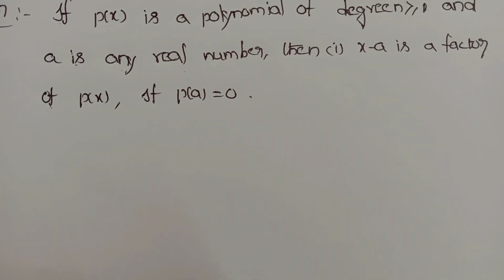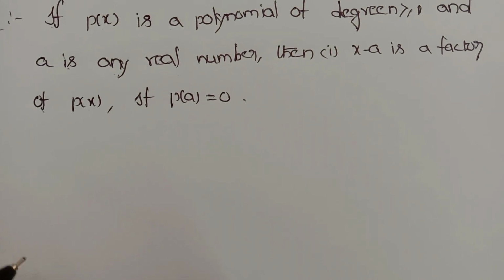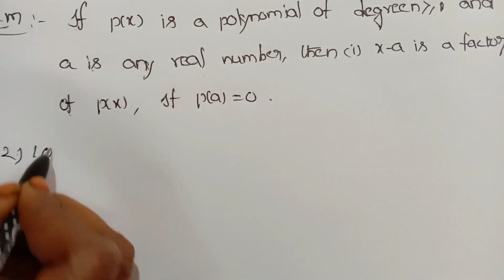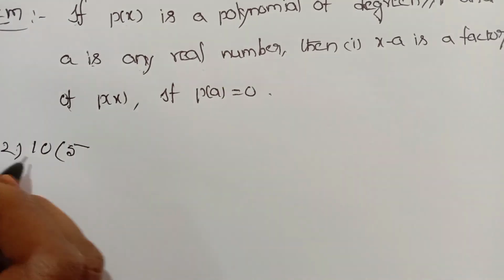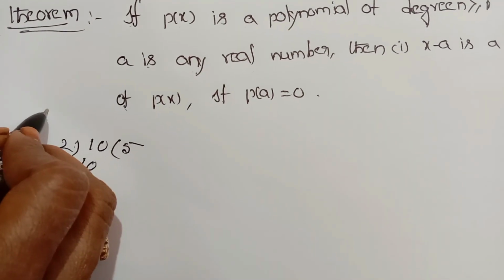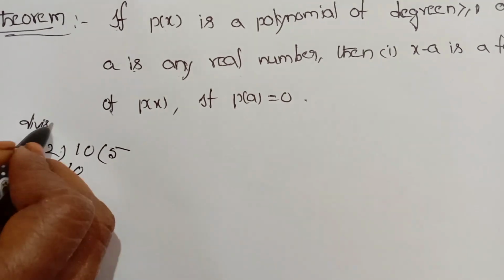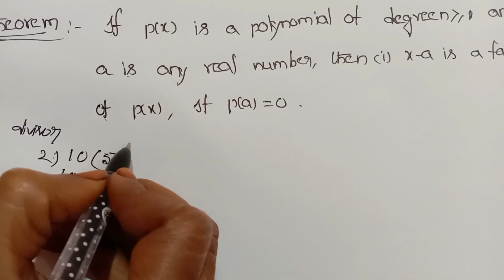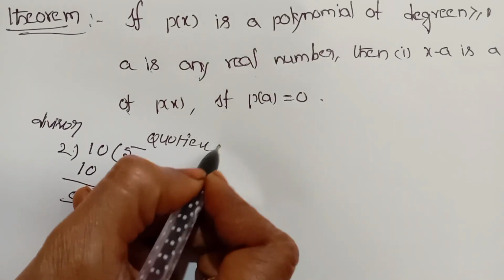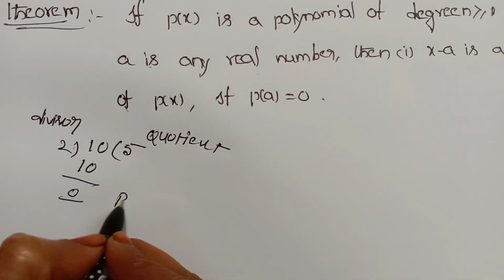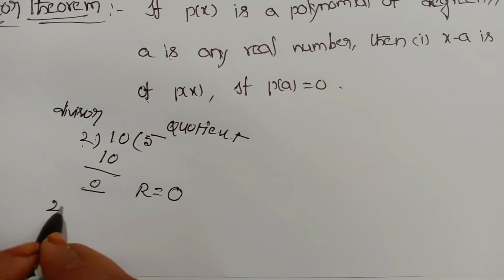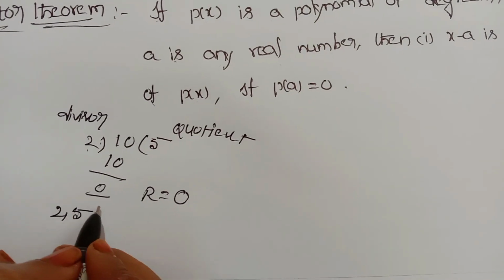To see this, remainder is equal to 0: 10 is divisible by 2. 2 is the divisor, 5 is the quotient. In the division process, the remainder r is equal to 0, so 2 and 5 are factors of the dividend.